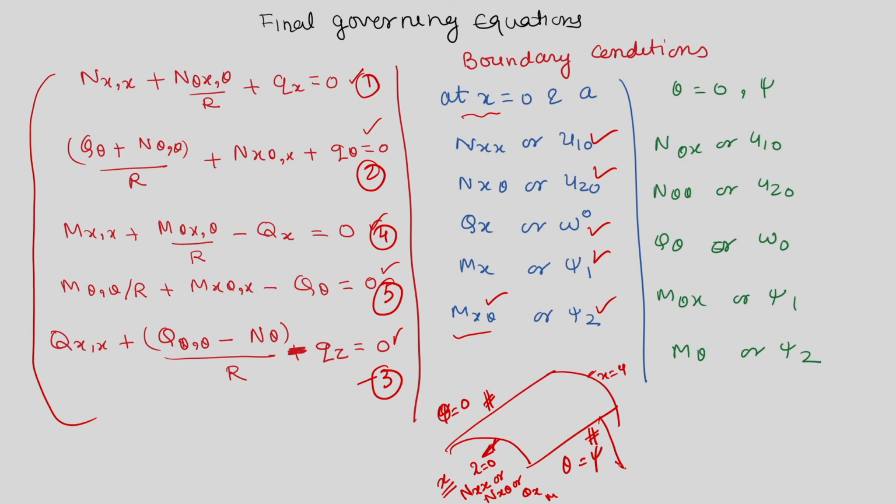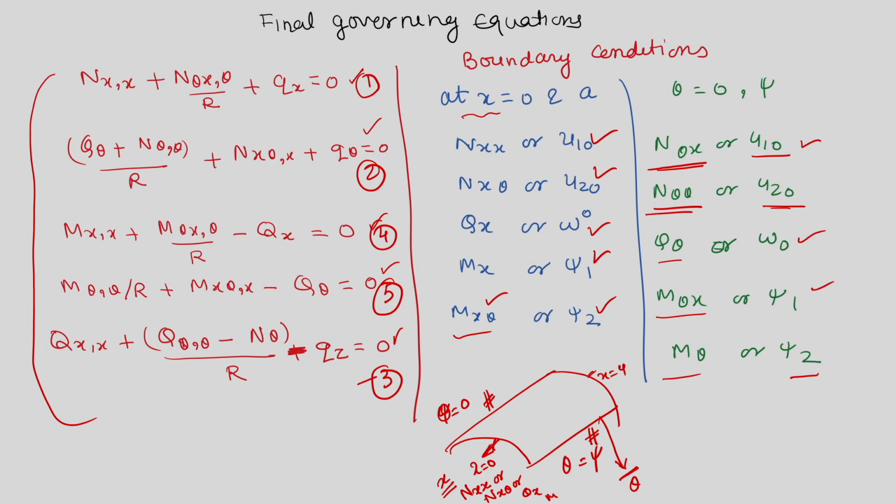Similarly over here where theta is equal to psi, the normal direction is basically theta. So, we can say that n theta x or u1, n theta theta or u2, q theta or w, mx theta or psi 1, m theta or psi 2. So, these are the variables which need to be specified.